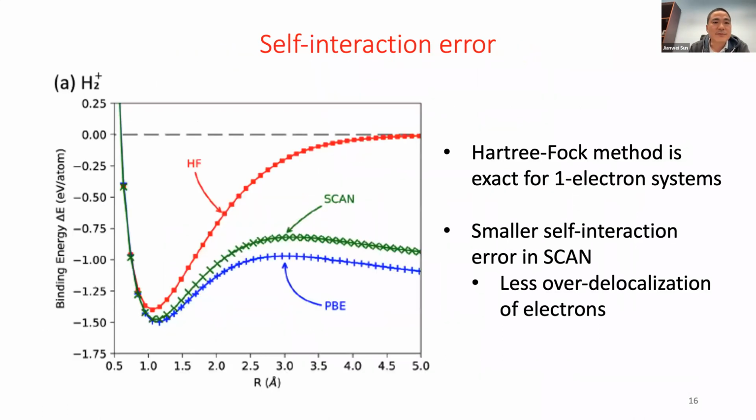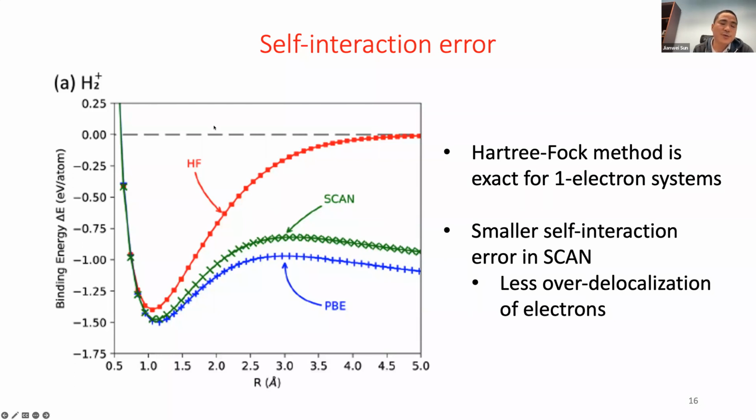Now, since the title of the talk is about self-interaction error and strong correlation, I would like to use some simple prototypical systems to illustrate the self-interaction error. The first one is the self-interaction error in H2 plus.